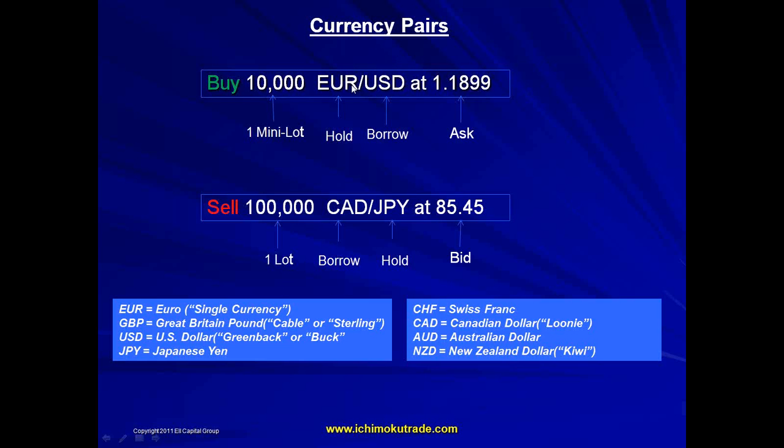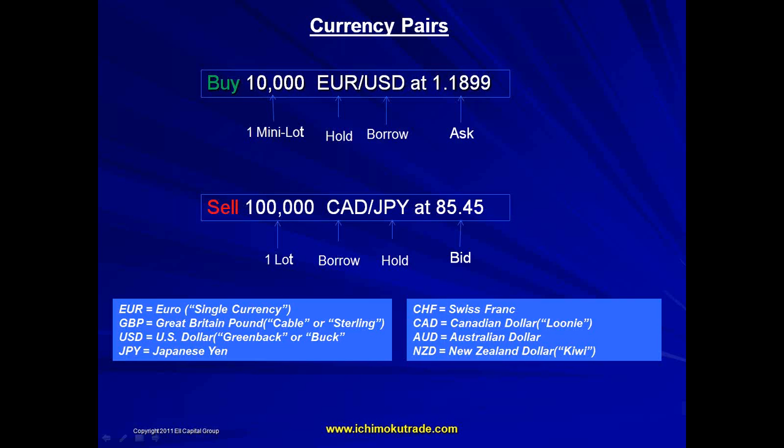So in theory, I'm holding the euro. What I'm doing is I'm going to borrow 10,000 US dollars, convert them all to euros, and hold the euro. The conversion rate is going to be 1.1899. Everyone okay with that? I'm assuming yes.